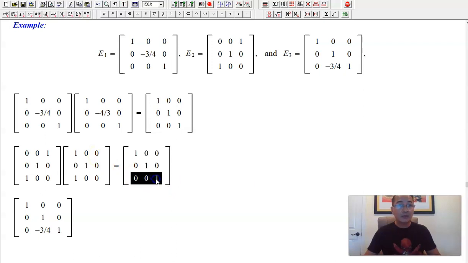So this bottom row had to come from row 1. Is that going to work? Boom. So yes, this is the inverse matrix of the, oh, wait a minute. They're the same matrix. Oh, and that makes perfect sense, okay? Because when you switch, and then you switch again, then you're back where you started.